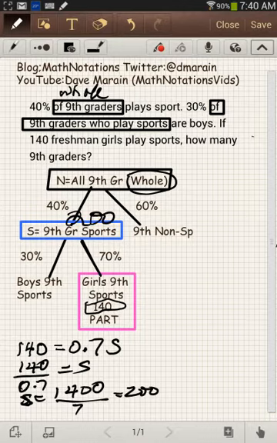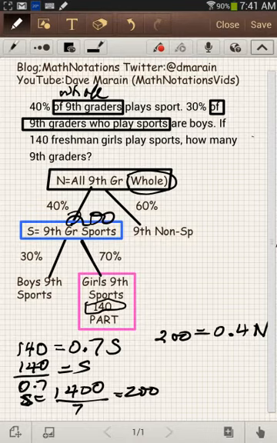And now we repeat the process for the 200 students. We know that represents 40% of the whole. So I'll write it up here. 200 equals 40% of N, using N for the total number of students in the 9th grade.